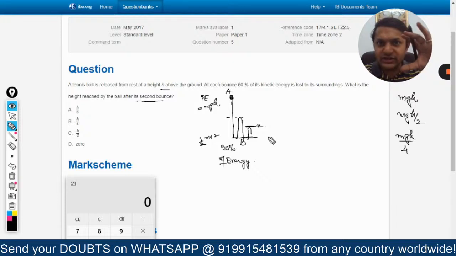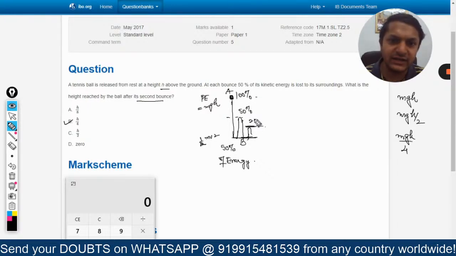So the height was H, then H by 2, and then H by 4 further. So your answer will be H by 4, answer will be B. You are left only with 25% of the energy: 100% energy, then 50%, then 25%. That is why it is H by 4. All the best. Bye.